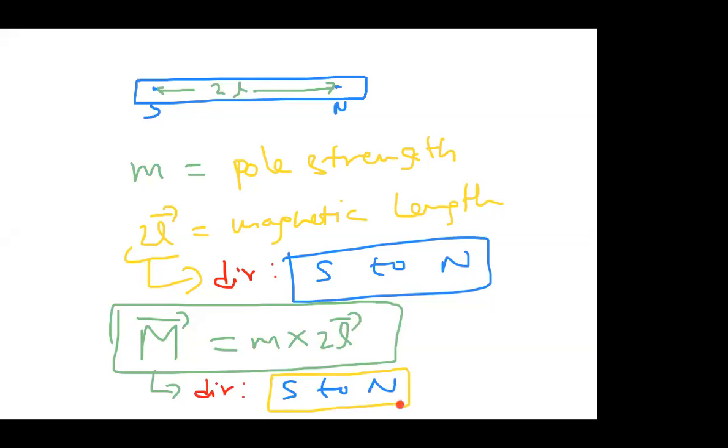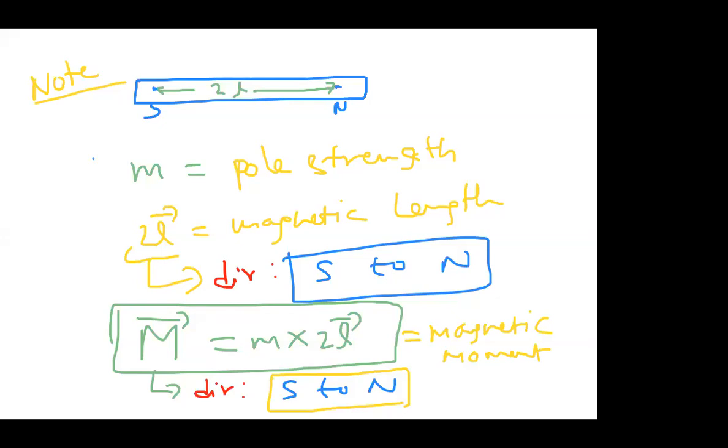Every magnet has a characteristic, the magnetic moment, by which we decide whether it is a strong magnet or a weak magnet. If the magnetic moment is more, it's a strong magnet. If less, a weak magnet.